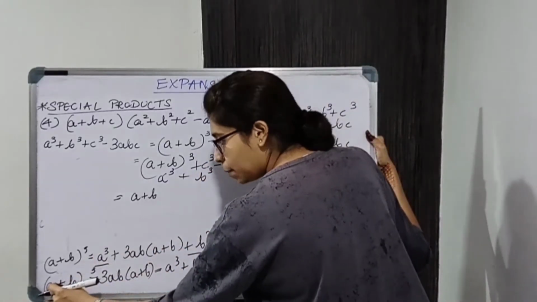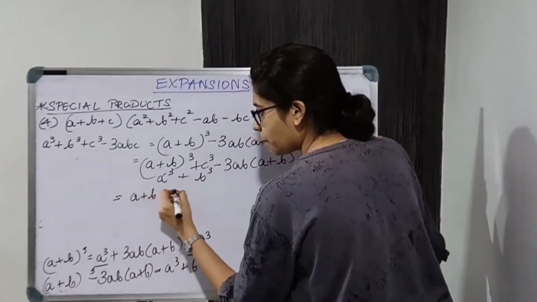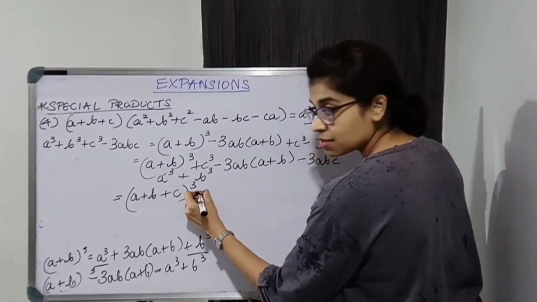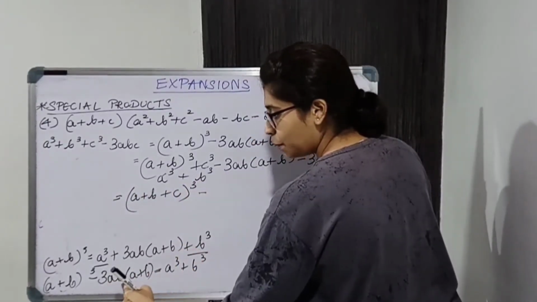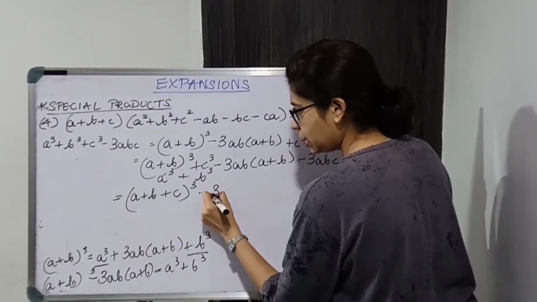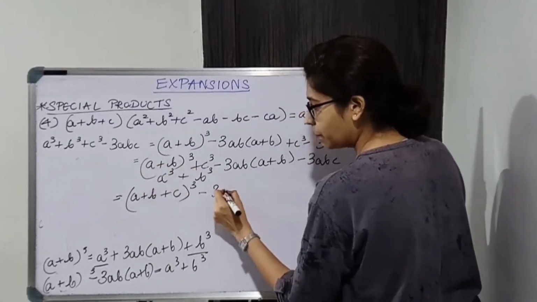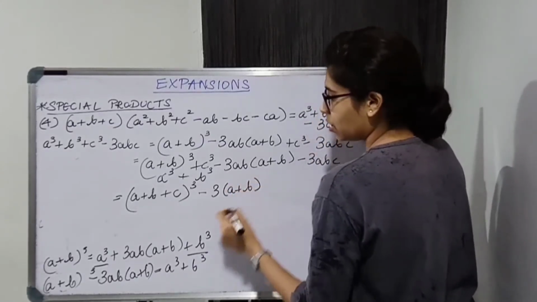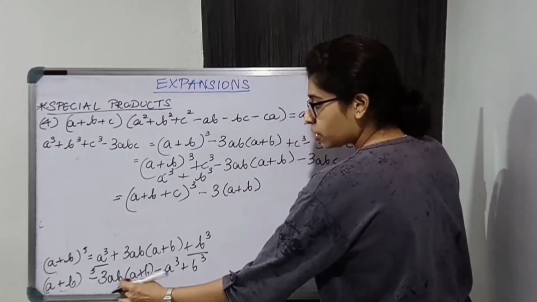So a plus b plus c, the whole cube, minus 3ab. So 3 into a, which is a plus b, into b, which is c.